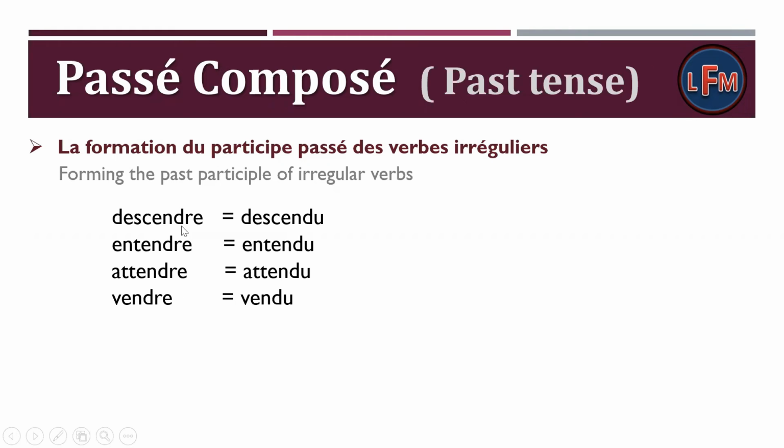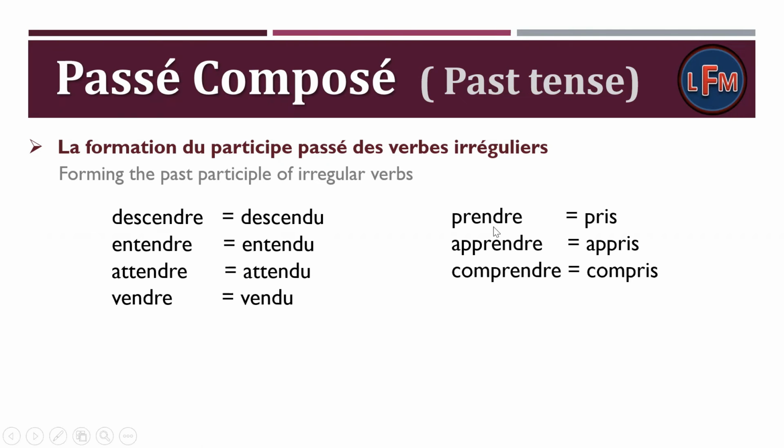Like descendre is descendu, entendre is entendu, attendre is attendu, vendre is vendu. But these are also RE ending verbs, but prendre will become pris, apprendre is appris, comprendre is compris. So we need to learn the past participle of some irregular verbs.